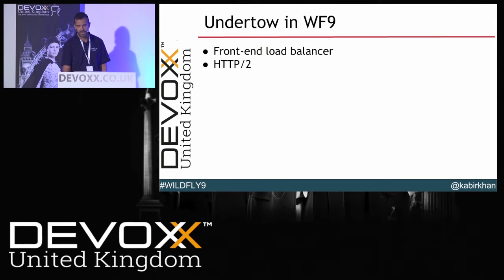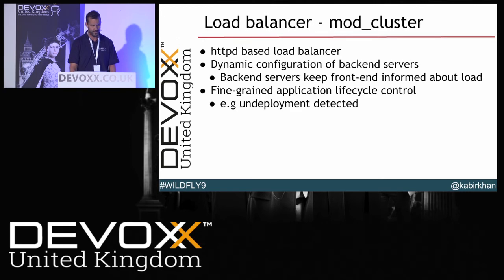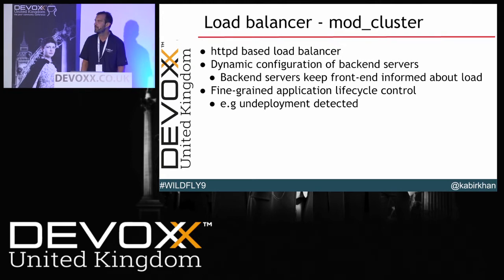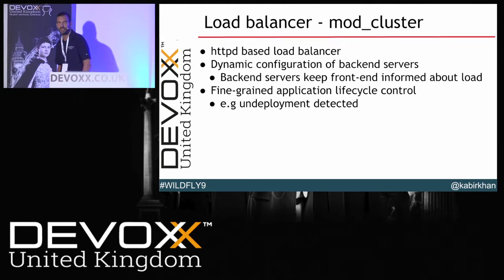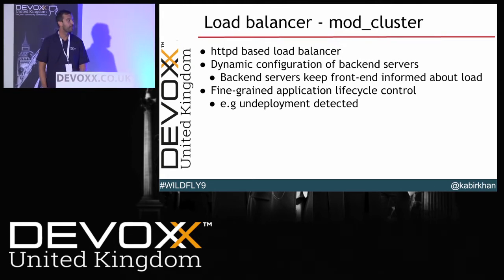The things that Undertow brings in new in WildFly 9 are the ability to use WildFly itself as a front-end load balancer, and it also brings in HTTP2 support. Our load balancer is basically based on mod cluster, which is an HTTPD-based load balancer.